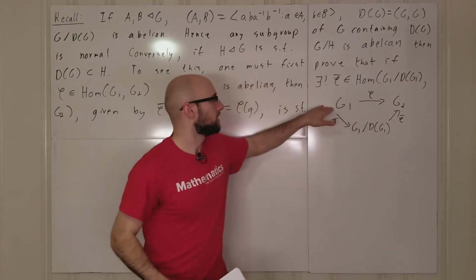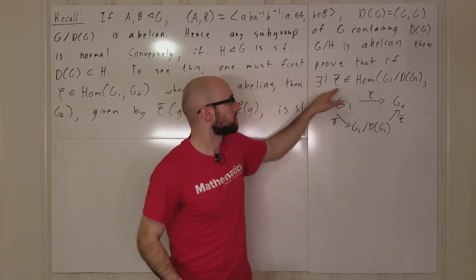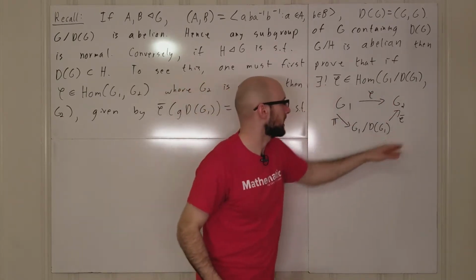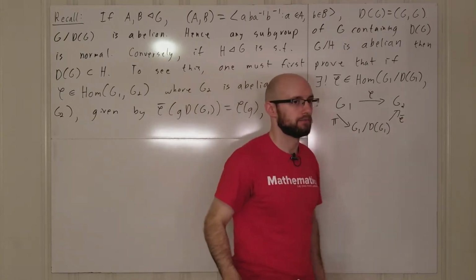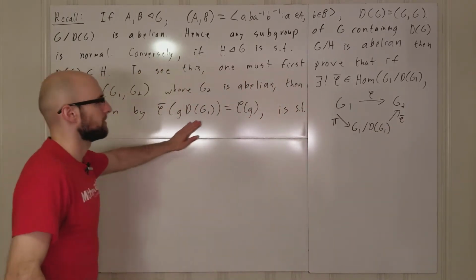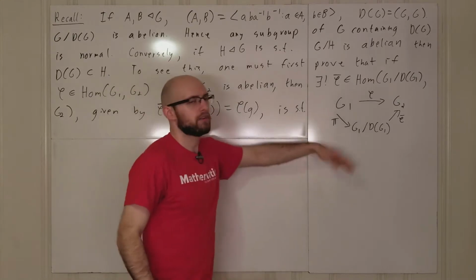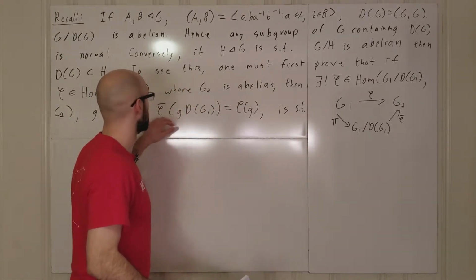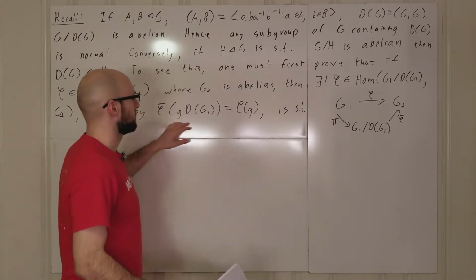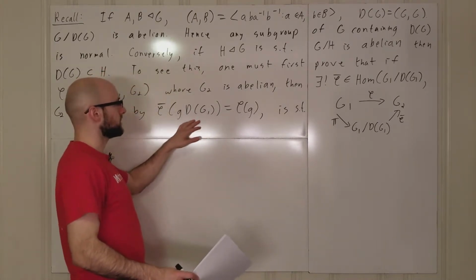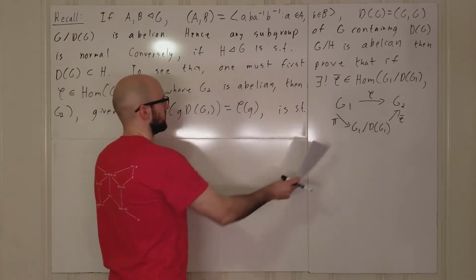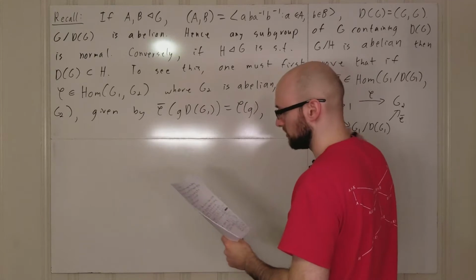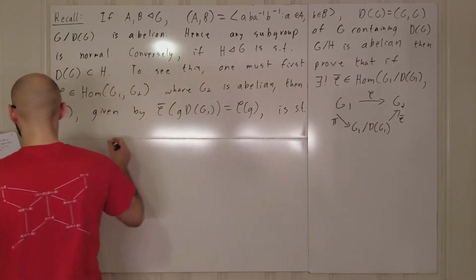Basically, going from G1 to G2 through phi is the same as going from G1 to G2 through this path, by going through pi and then through phi bar. If all of this works out, it should be obvious that that's the case, because of how phi bar is defined. So anyways, that this commutes.